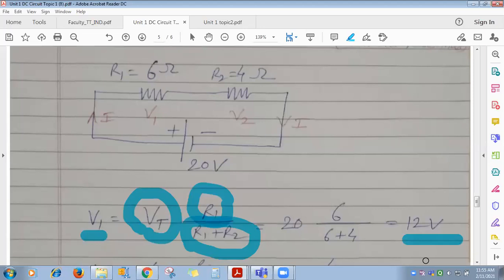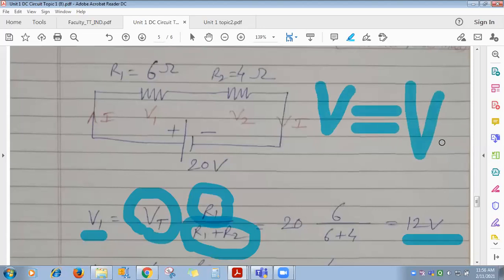Now you know the total voltage VT, 20 volt, already given. Using the voltage division rule you found V1 as 12 volt. It's a DC circuit. For a DC circuit, all of you know that the total voltage is equal to V1 plus V2. So here 20 minus 12 will be V2, that is 8 volt.